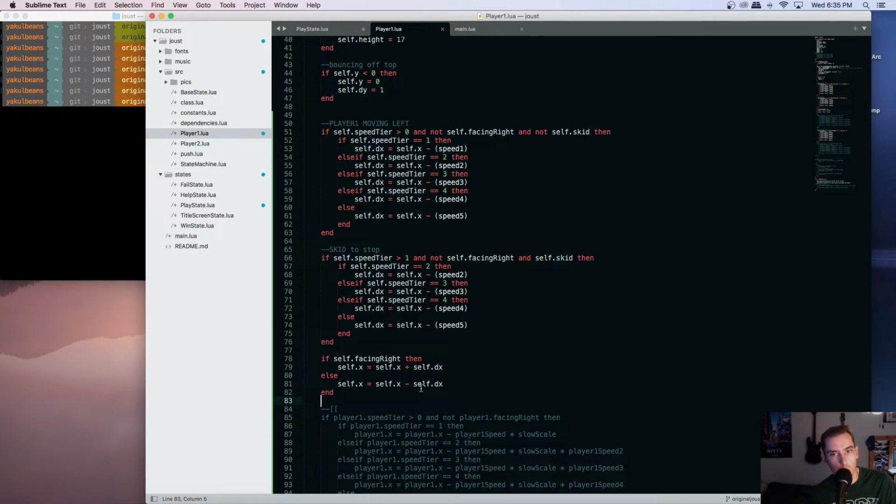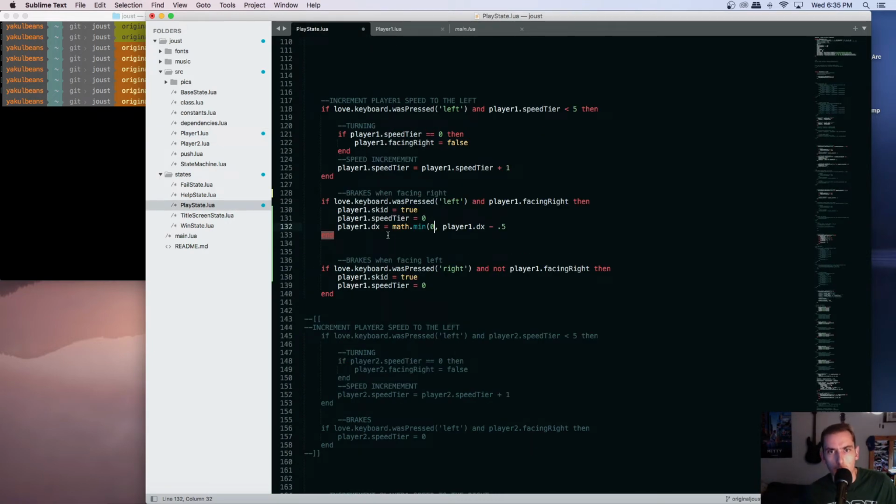Well, I don't know. Let me just try this. So we want to return the higher of the number because we want it to clamp to 0. So subtract 5 from dx until it's lower than 0, and then just return 0.